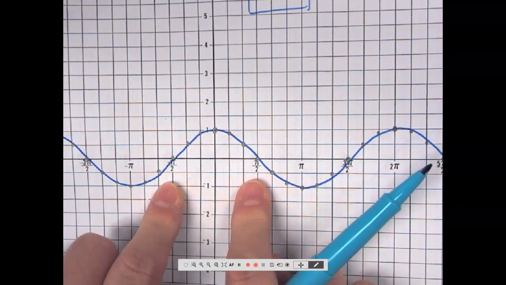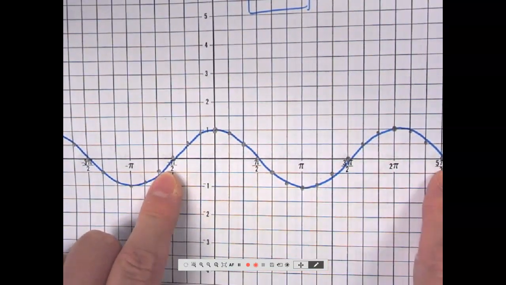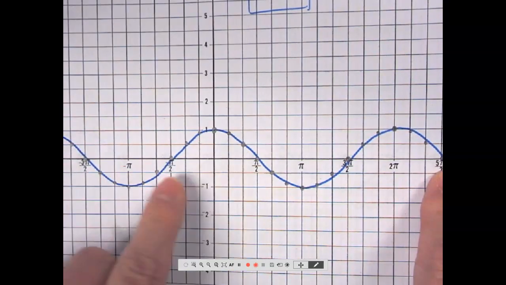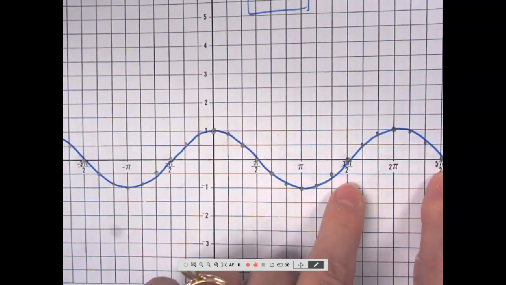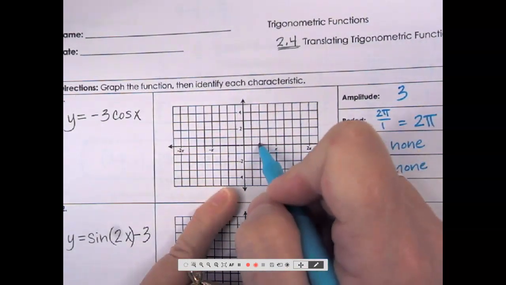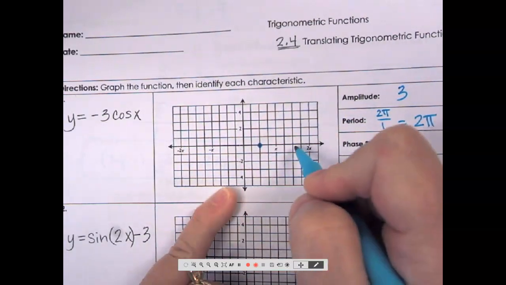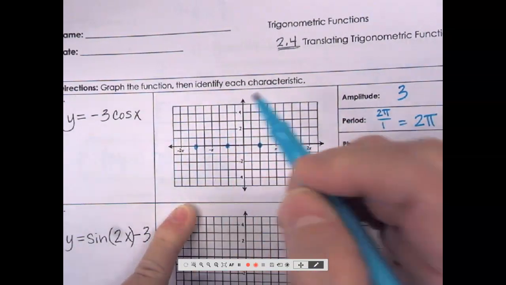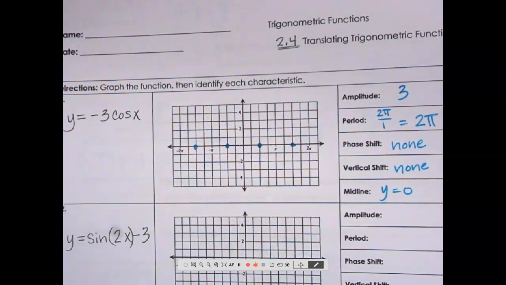Cosine crosses the midline at all the half pi's: -3 pi over 2, -pi over 2, pi over 2, 3 pi over 2. So let's mark all of those. If this is pi, then halfway is a half pi. So I marked my center line, my zeros, my x-intercepts.